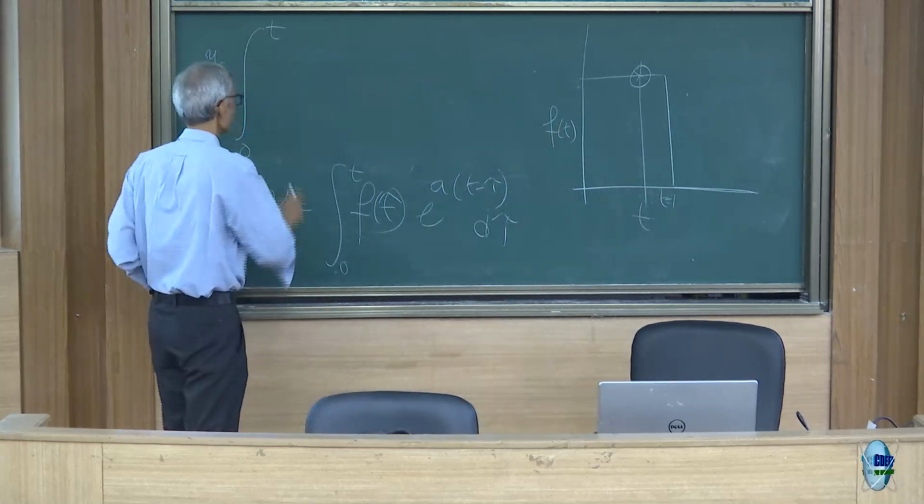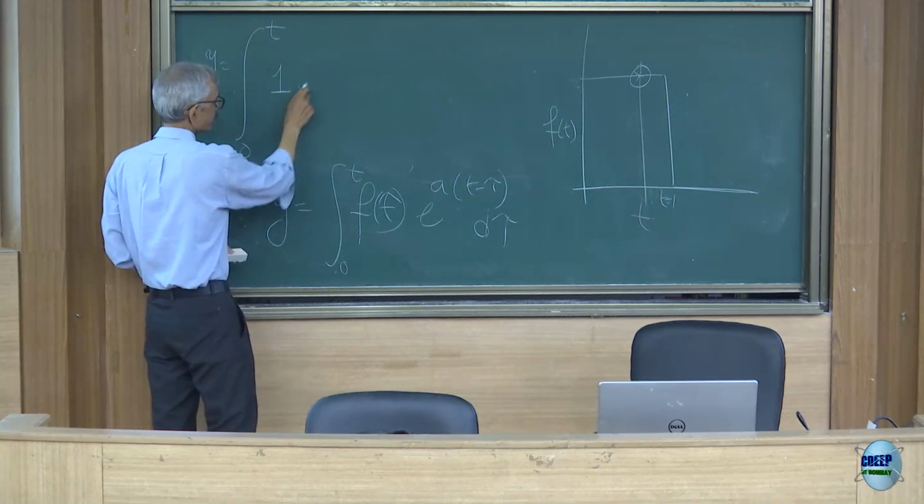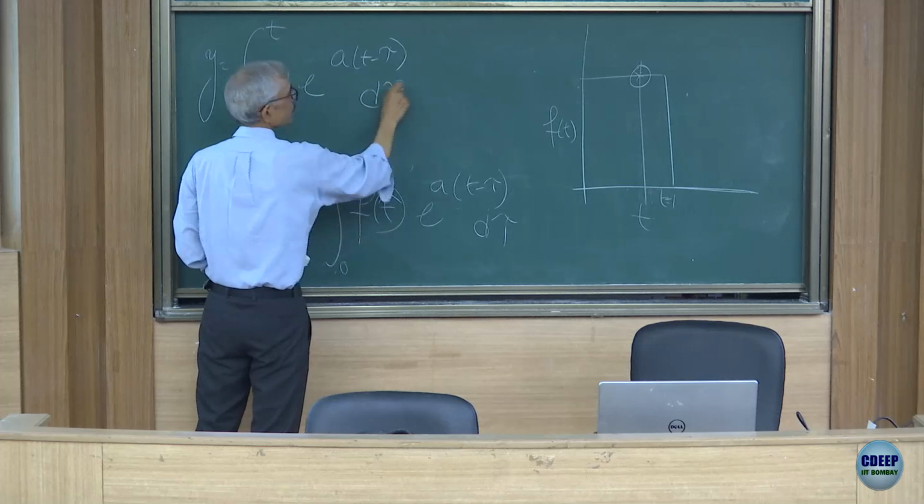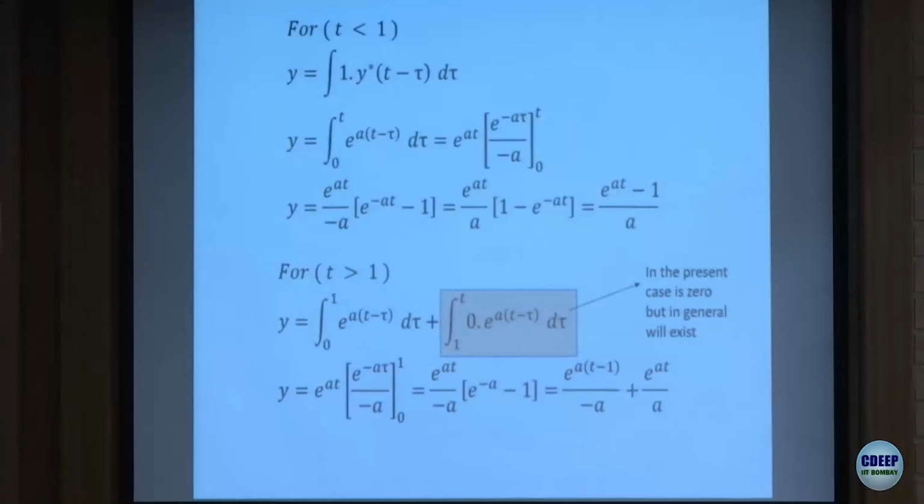So 0 to t, f tau, which is 1, e to the a (t minus tau) d tau. So if my interest is in t less than 1, then y is going to be equal to the integral of 1 times y star (t minus tau), which is e to the a (t minus tau).